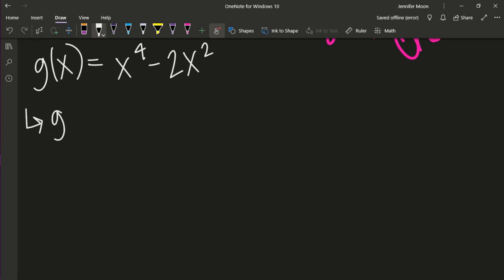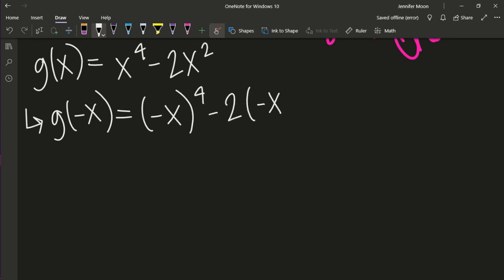Well, I can definitely figure that out by doing my test, which is plugging in a negative x wherever I see an x. I know that my negative x is being raised to an even power, which means I have a positive x. You do 2 times x, you get 2. Don't forget your exponent. You get 2x.